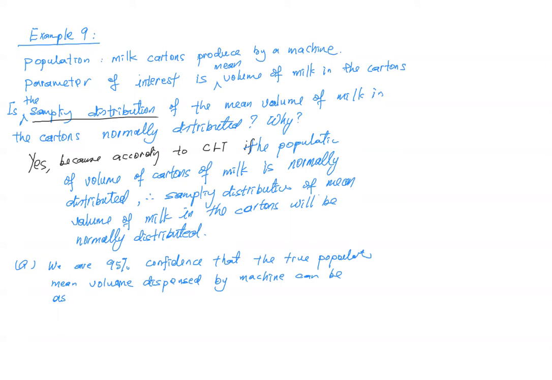That is my habit. You can say within, it doesn't matter. Can be as low as 998.1 ml and go as high as 1005.9 ml. Okay, so now they say, use the 95% confidence interval to assess the claim.